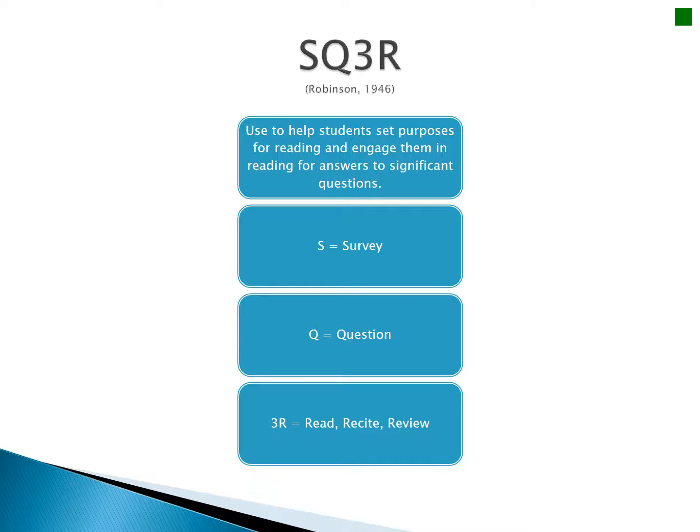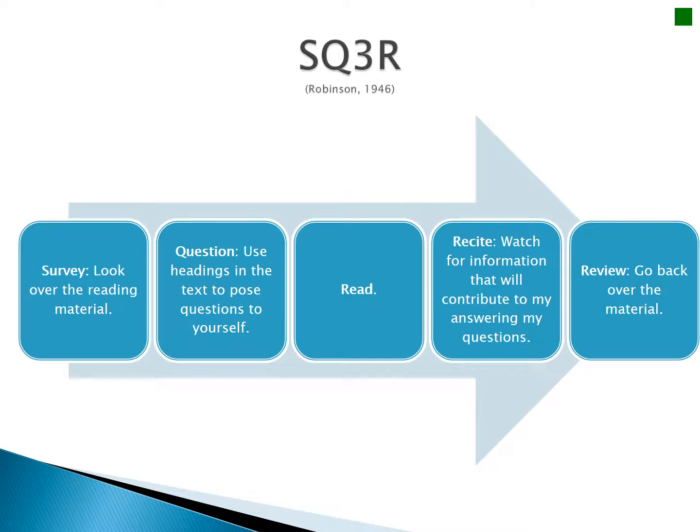And then they ask questions. As they are reading, they also are going to recite and then review. Those are the 3 R's: read, recite, review. So we will have them look over the reading material, that's the survey. Then we have them question, use the headings in the text to pose questions to yourself is what we tell them.